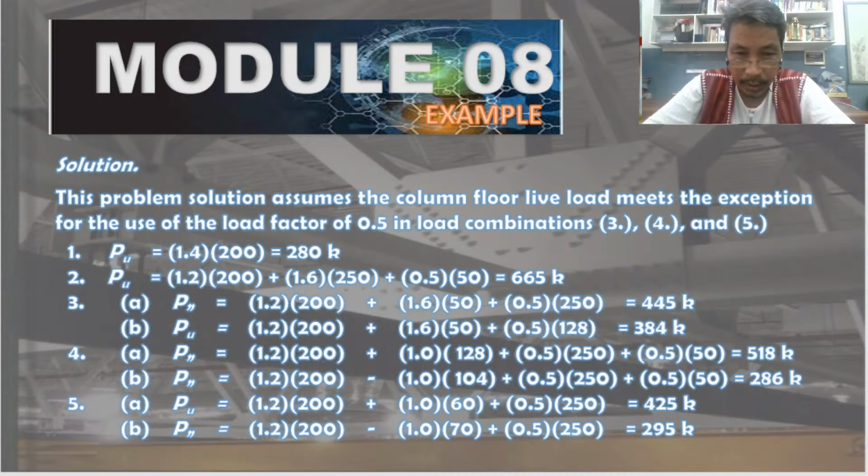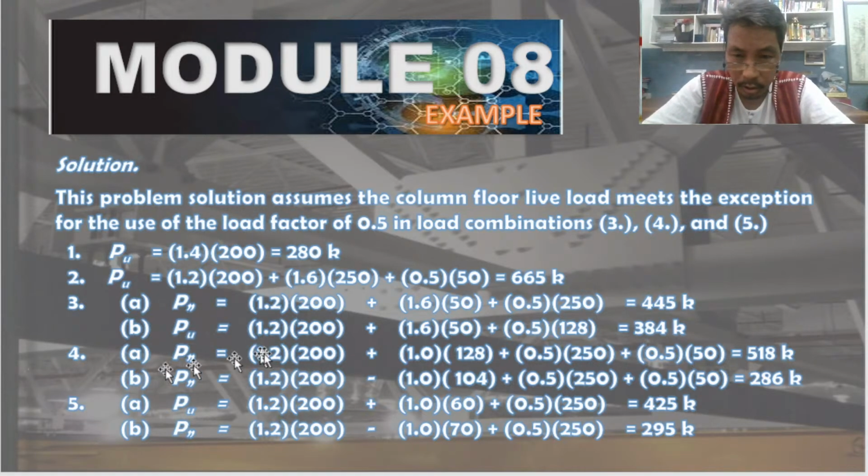What about letter B? 1.2 dead load plus 1.6 roof live load plus 0.5, equal to 128. Take note. So 250.